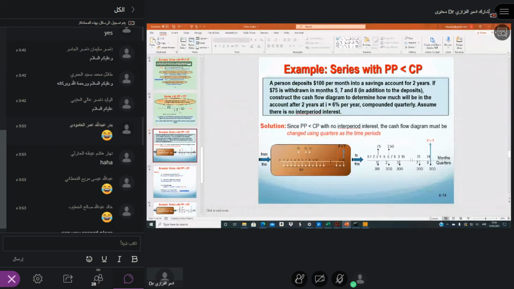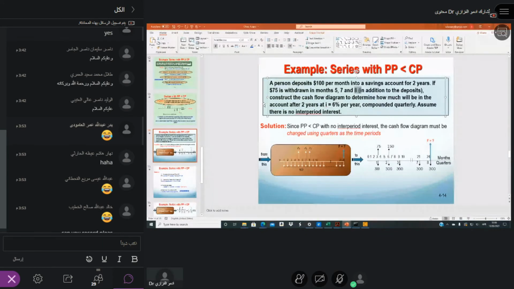They said if $75 is withdrawn in month 5, and also in month 7, he withdraws $75, and in month 8, he also withdraws $75, in addition to the deposits. So this is the information.